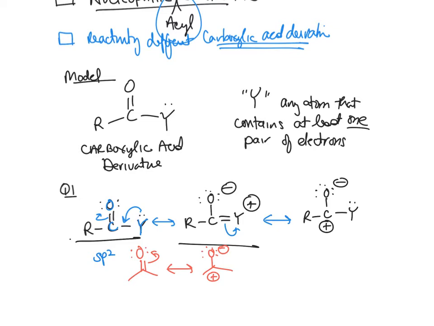Well, on your carboxylic acid derivative, you have a lone pair of electrons on the Y atom that can participate in resonance. And in this case, that gives you an extra resonance structure. So you have one extra resonance structure.